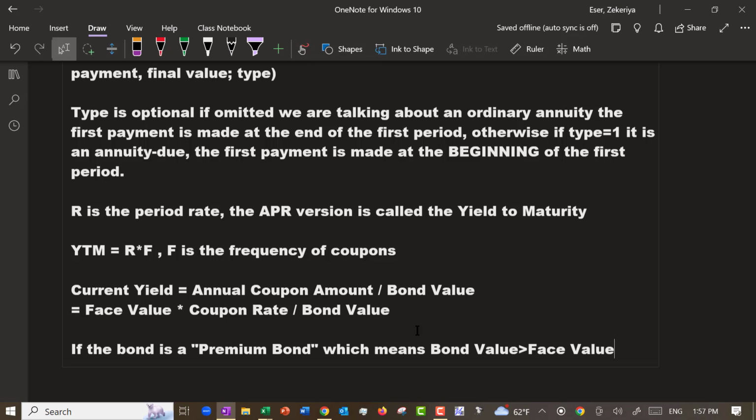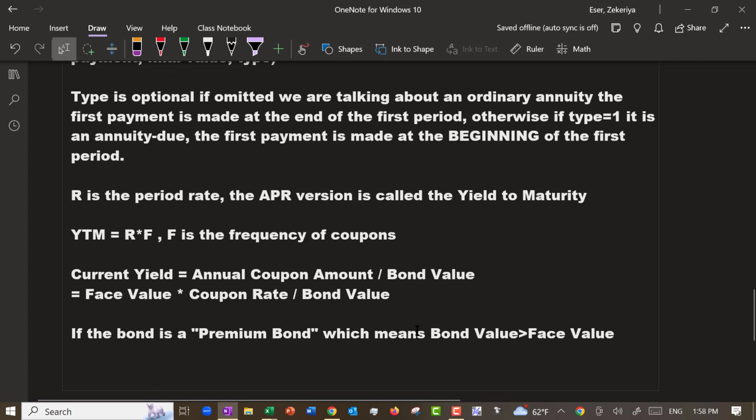That means yield to maturity is less than current yield, which is less than coupon rate. So this is for premium.